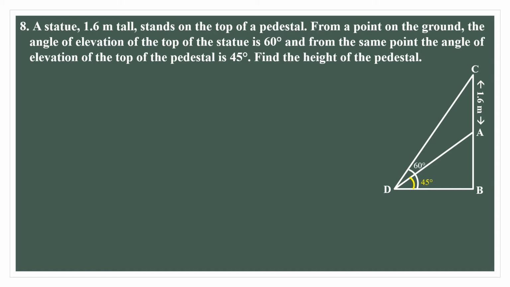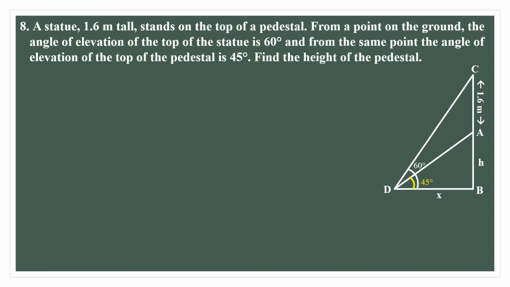From here, the top of the statue, that is point C, when viewed from point D, the angle of elevation is 60°, and the top of the pedestal, that is point A, when observed from the same point D, the angle of elevation is 45°. So this is all about the diagram. What we need to find is the height, that is AB. For the sake of convenience, I have taken the length of BD as x.